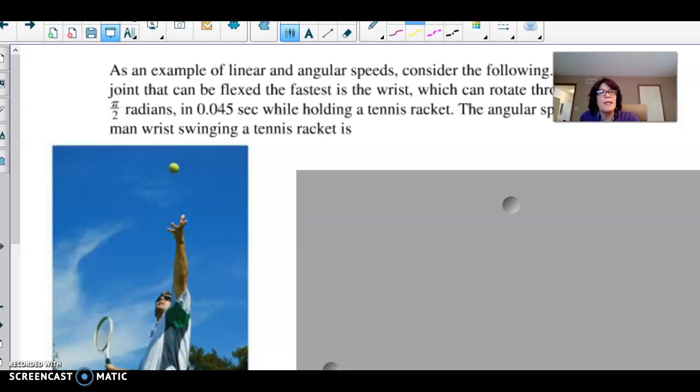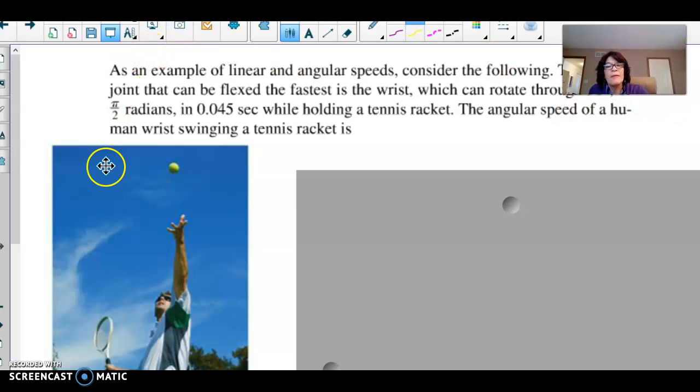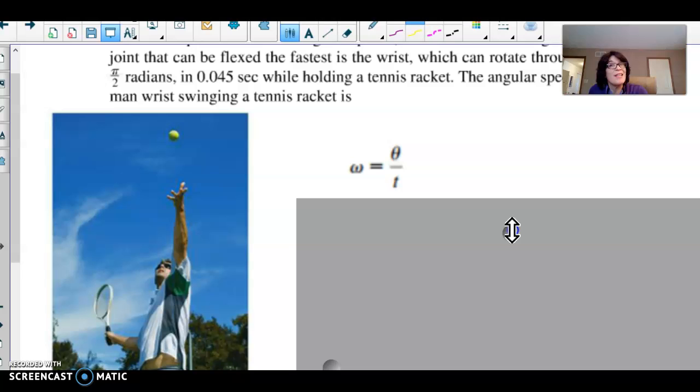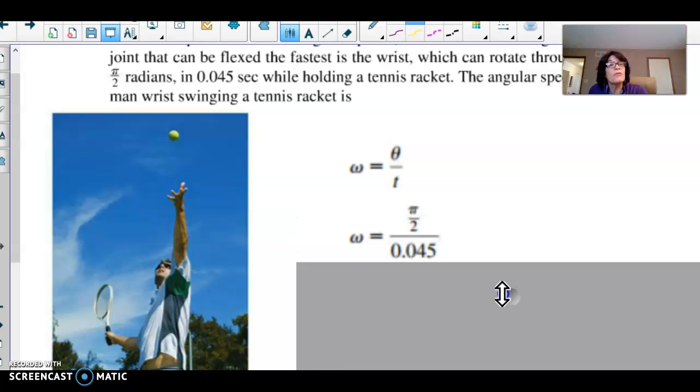The angular speed of a human wrist swinging a tennis racket, therefore, is, think back to our definition. Look at your notes. Theta over t. We have everything we need. I'm not going to take 90 degrees over t.